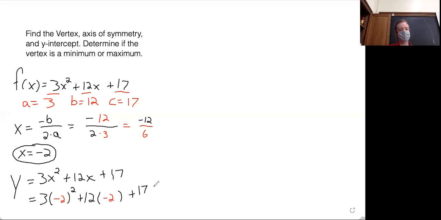So if I continue calculating this, -2 squared, what's that going to give me? +4, because we have -2 times by itself, -2 times -2 will give us a +4.